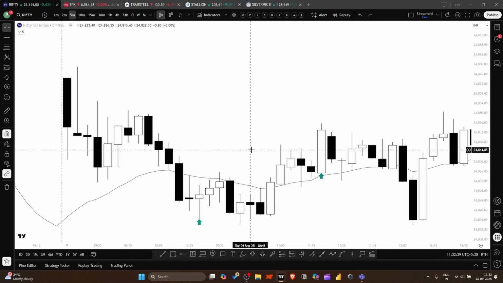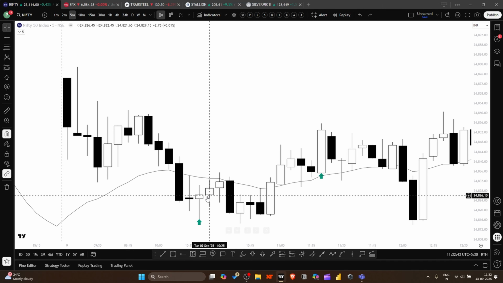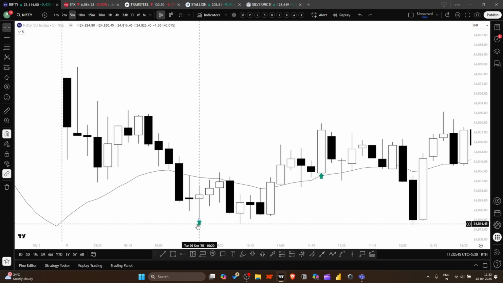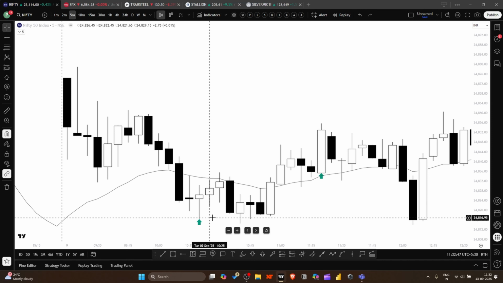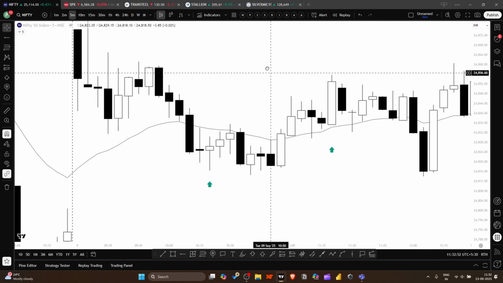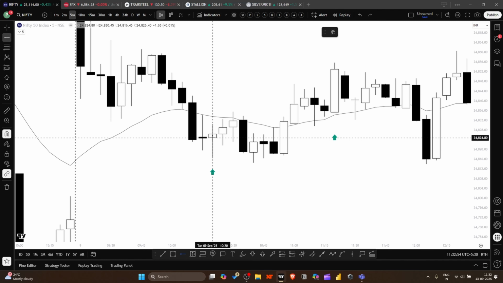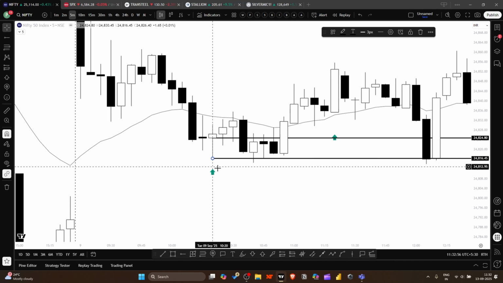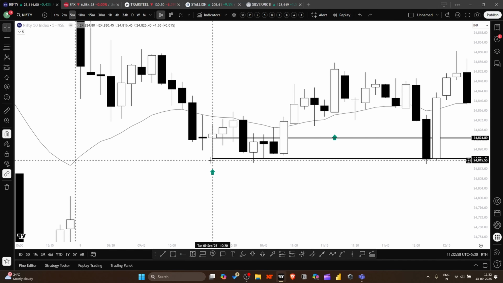Okay. Now, we were assessing the low and open of the bull candle. What do I mean by low and open? This was the open, this was the low.